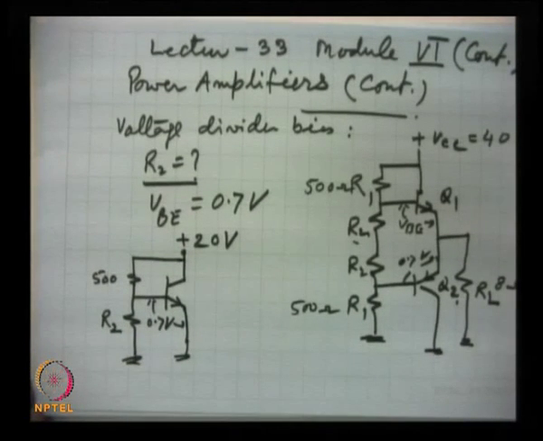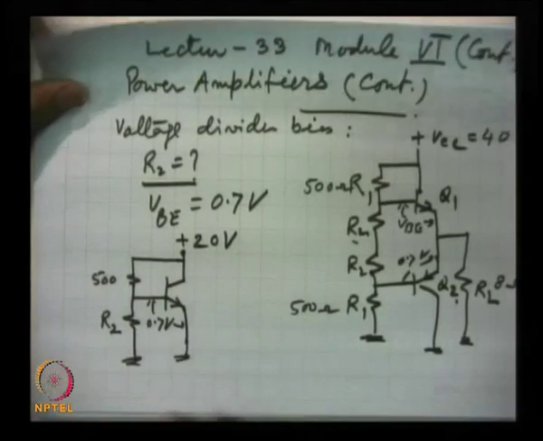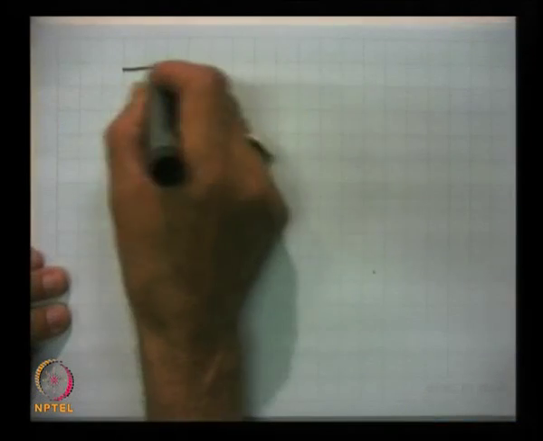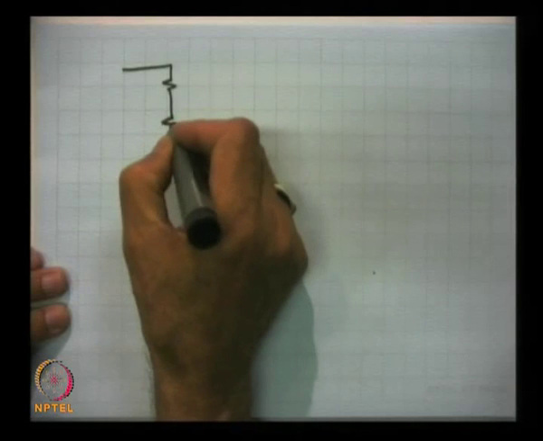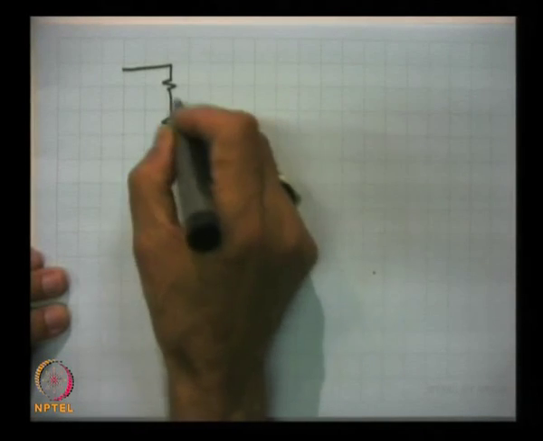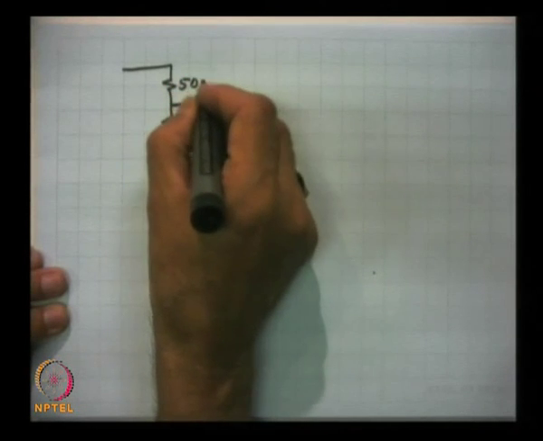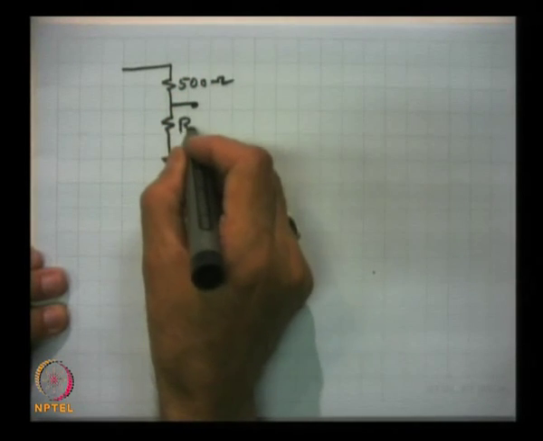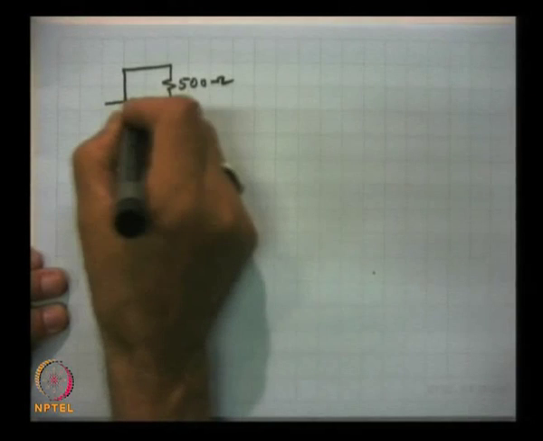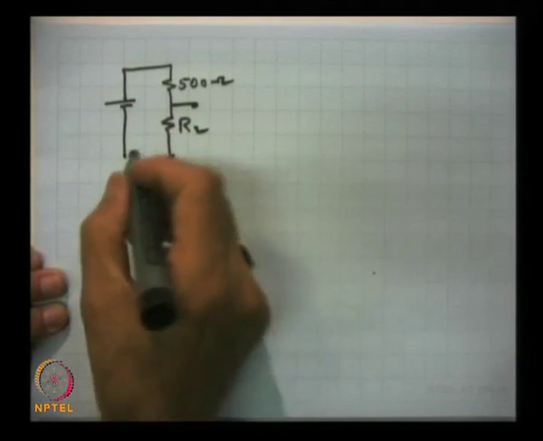It is very simple; this circuit we transform in this way. This is 500 ohms, this is R2, and here is the 20 volts battery.